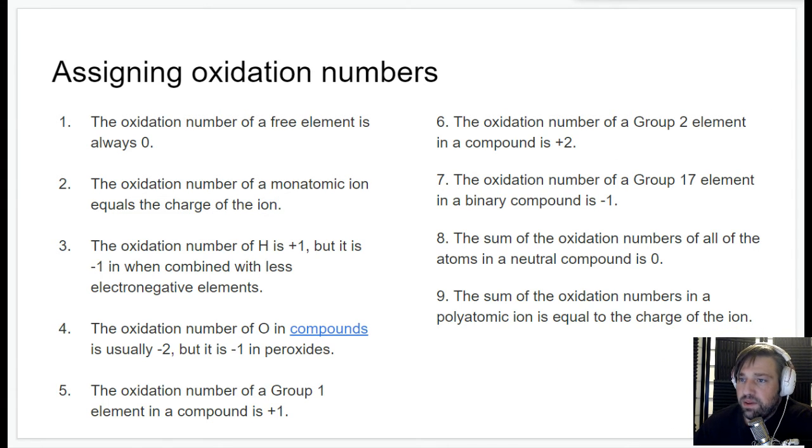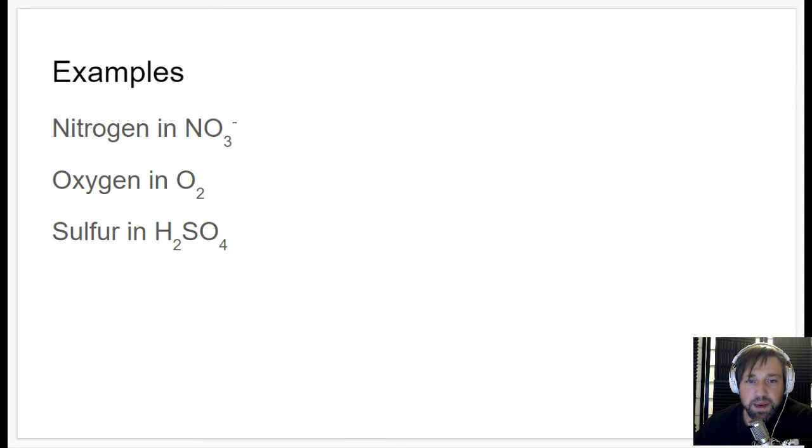All right, let's put this into practice. Here are some examples. First one, let's go ahead and do it. NO3 minus. This is how I do it. I run this kind of like Sudoku. I have my molecule, NO3 minus. This top part up here is where I'm going to write my oxidation numbers.